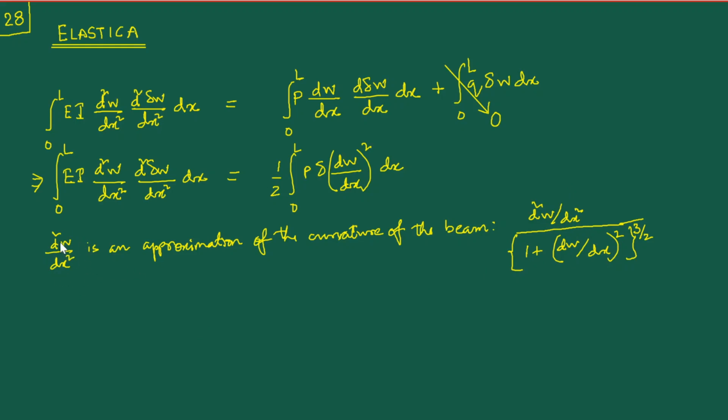So we identify that this indeed is an approximation of this, and that is the curvature of the beam. So how could we rewrite this term using that knowledge that it is indeed the curvature? Okay, so that is the question we pose to ourselves.